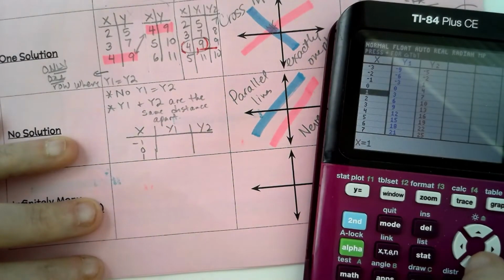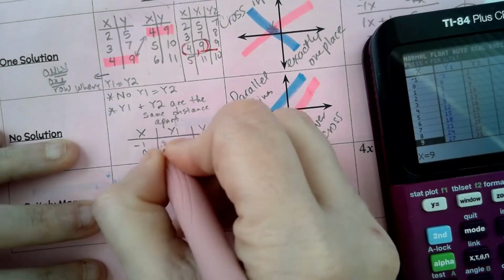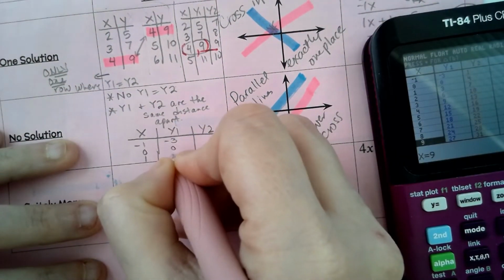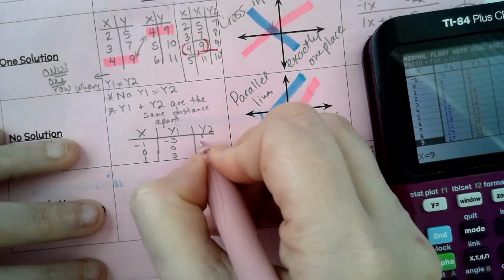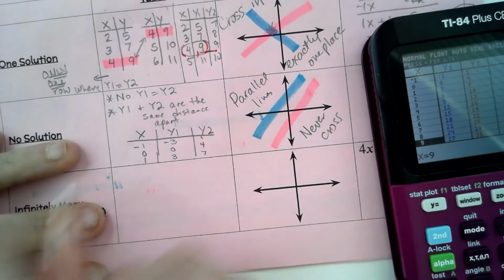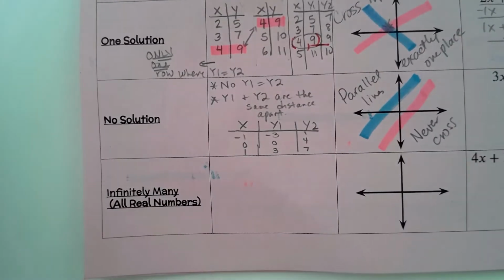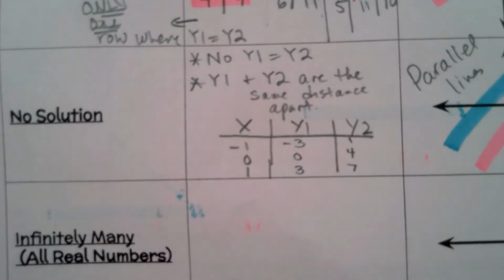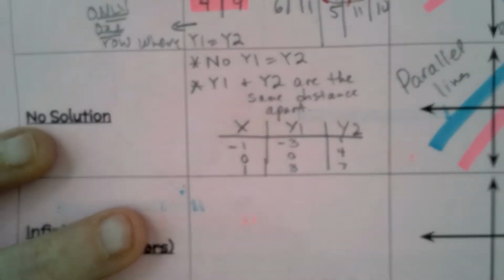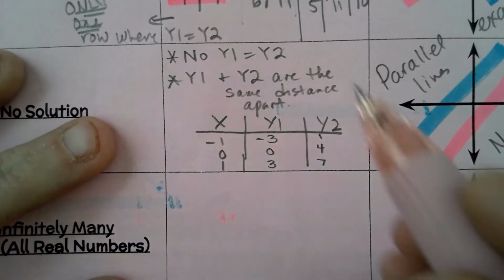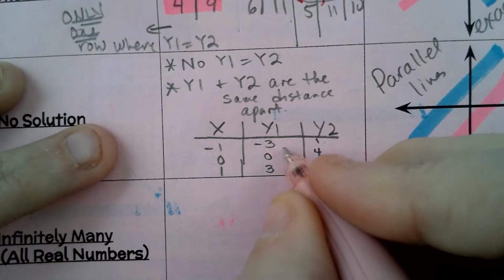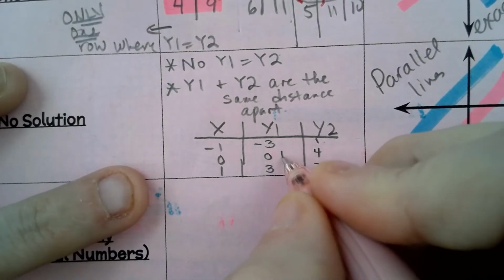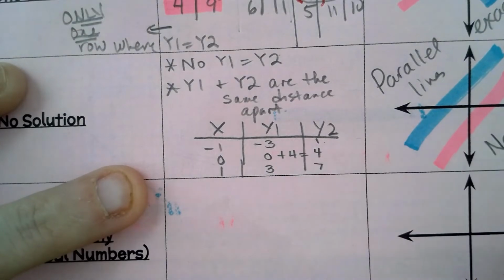So I'm going to move my thing here so that it's easier for me to find that. For y1 I have -3, 0, and 3. For y2 I have 1, 4, and 7. What we're going to look for here is whether y1 is the same distance from y2. What does 0 plus 4 equal? 4.